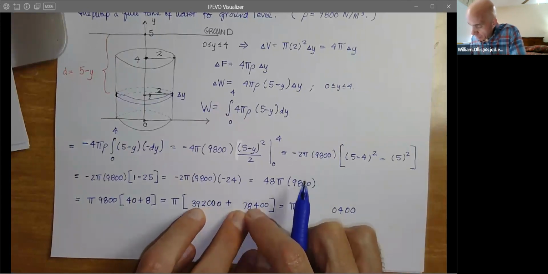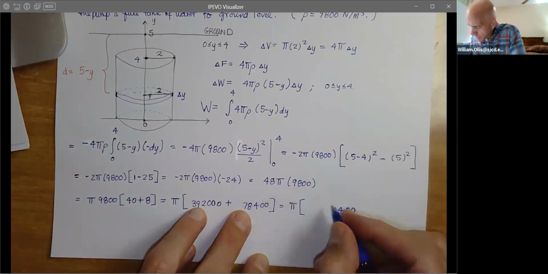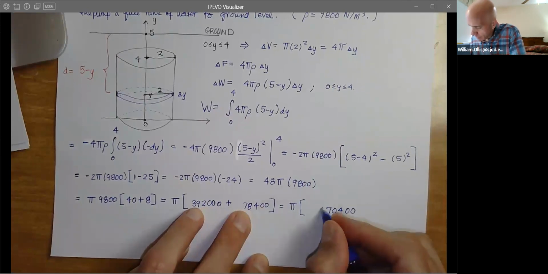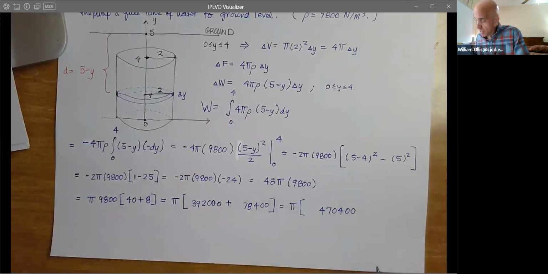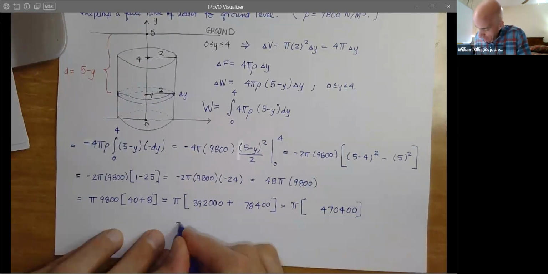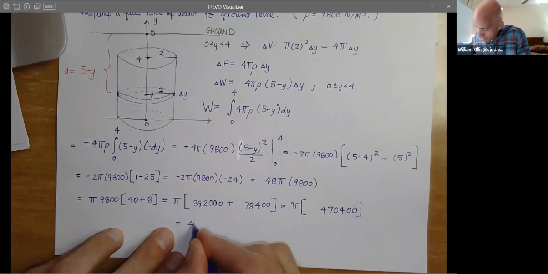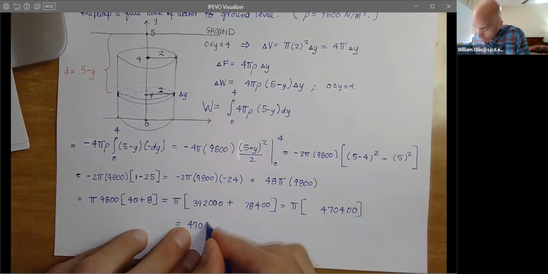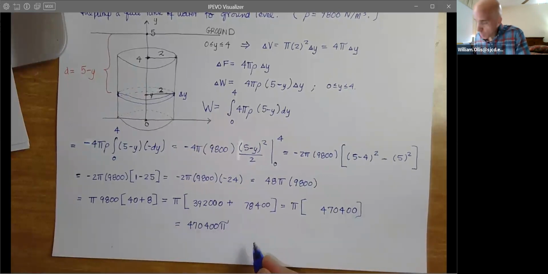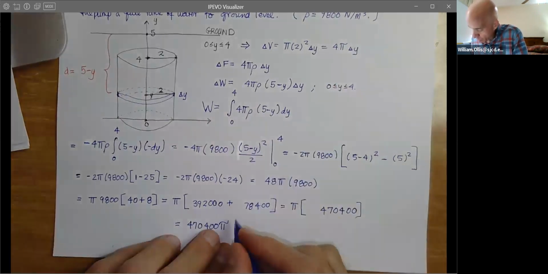So that will be a 17, and then a 1 and a 4. So we get 470,400 times the pi. So this will be 470,400 pi. And in this case, we've got newtons and meters, so Newton meters.